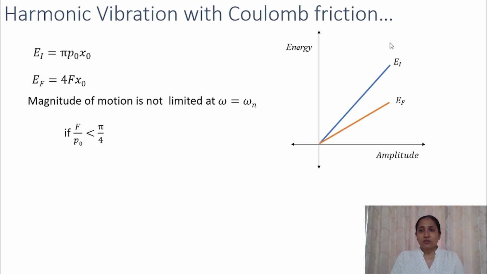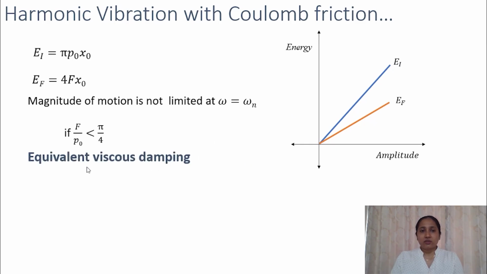Because of this, when this condition is satisfied, the magnitude of the motion will be unbounded. It will not be limited because the input energy is more than the energy dissipated. If F by p naught is higher than pi by 4, the motion of this single degree of freedom system will be bounded. So the response at omega equal to omega n will be limited if this value is greater than pi by 4. Otherwise it will be unbounded.